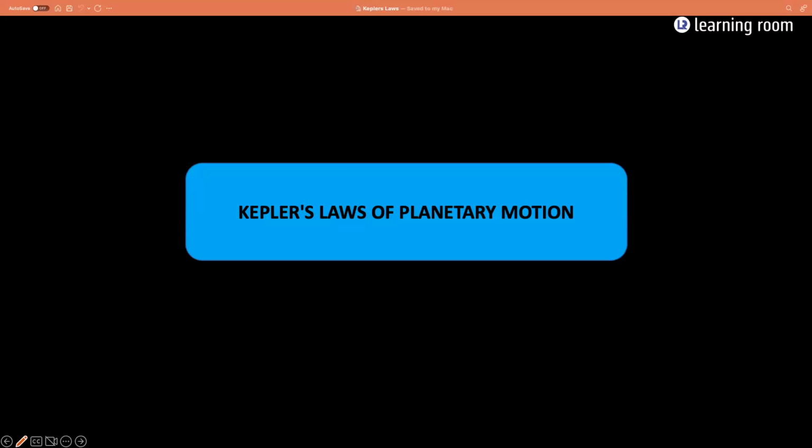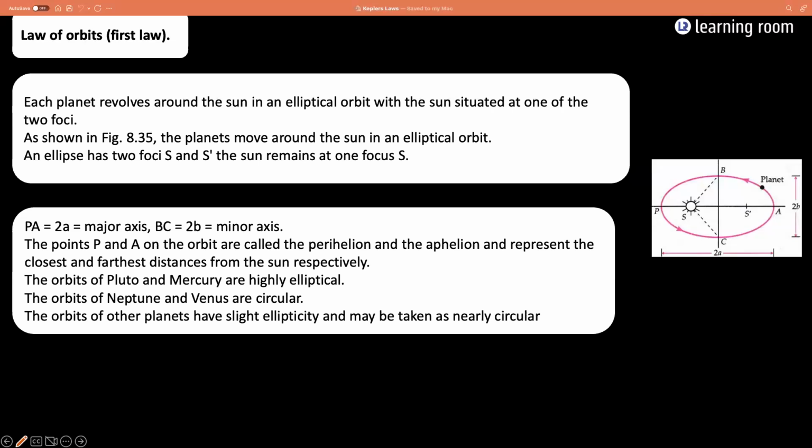There are basically three laws that are associated with how the planets are going to revolve around the sun. As the name suggests, Kepler's law of planetary motion means how are the planets going to revolve, is what the question is, right? So there are basically three laws proposed by a scientist named Kepler.